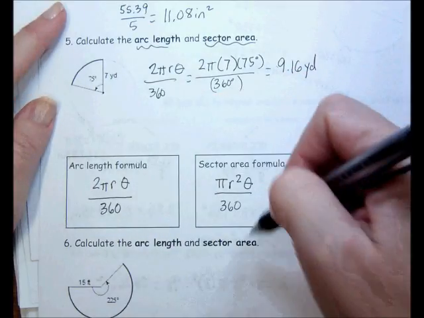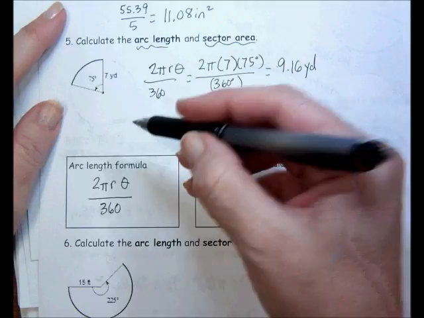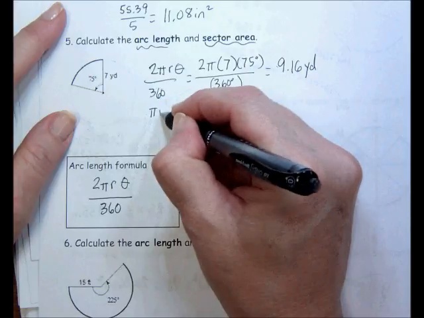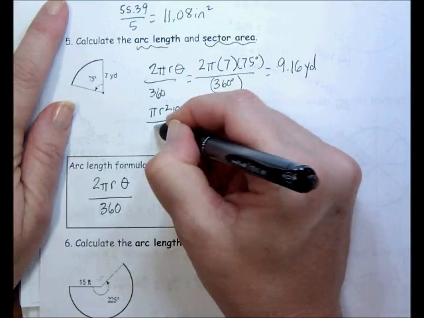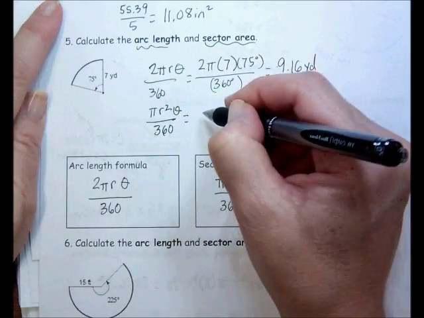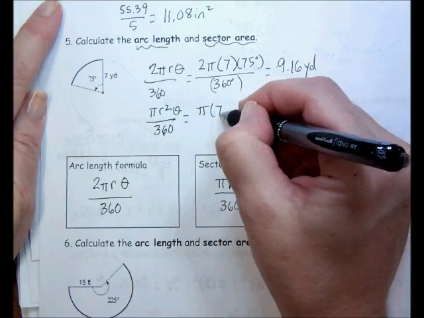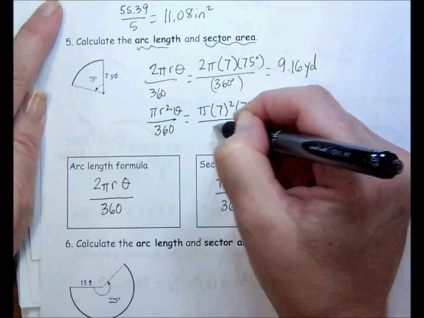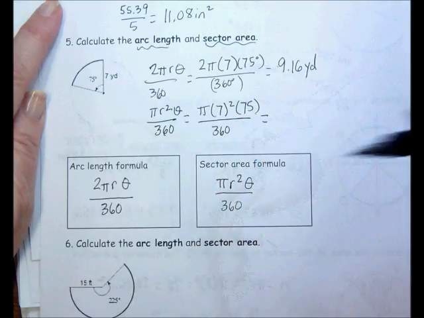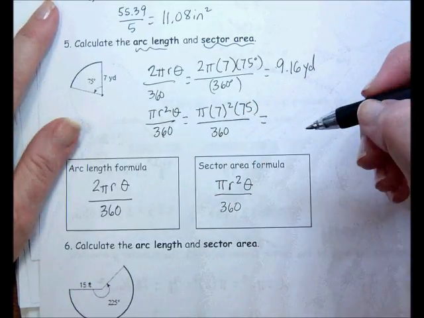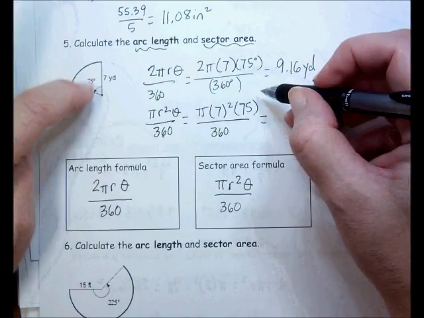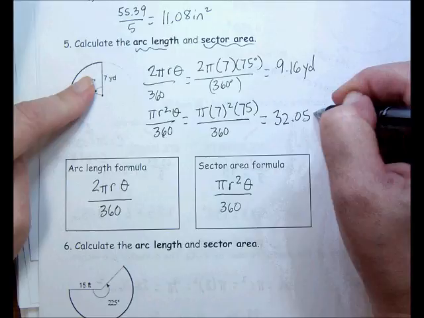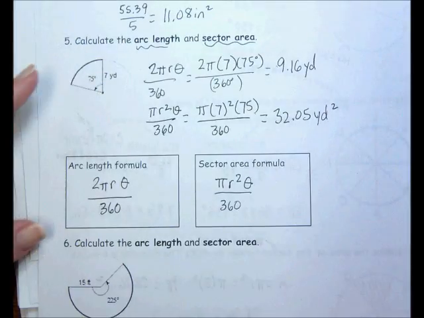Now, I use the formula for the area of the sector, pi r squared theta divided by 360. So I have pi, 7 squared, and then times 75 divided by 360. When I plug that into my calculator, the area of this sector of the circle is 32.05 yards squared.